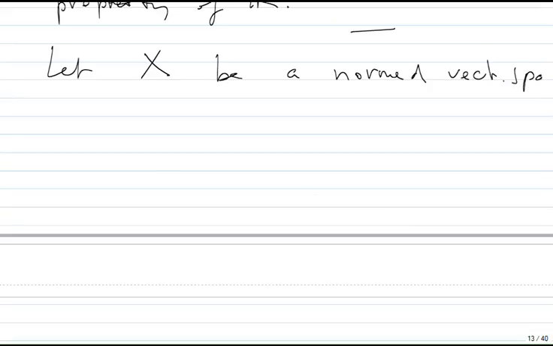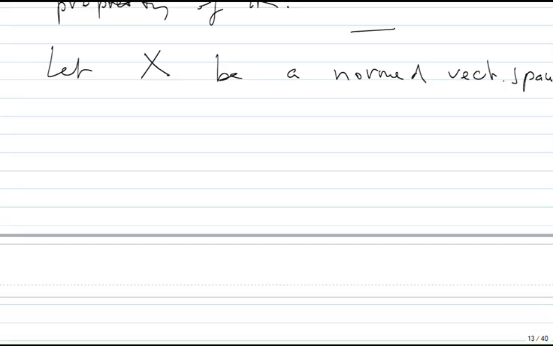Application of this, let us take the case of normed vector spaces. So here, let X be a normed vector space. Remember, the proof of the Banach theorem was done in vector spaces, but now we have a normed vector space.